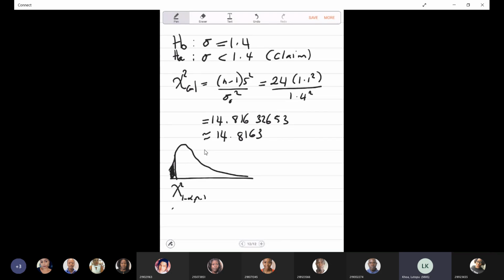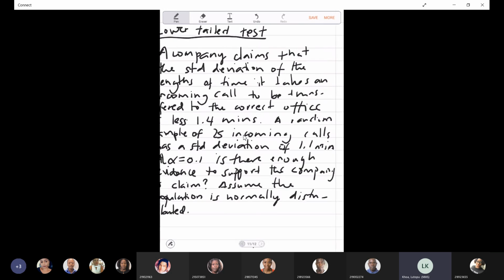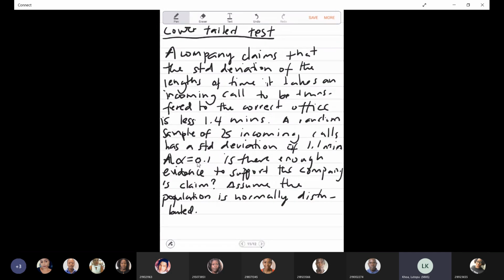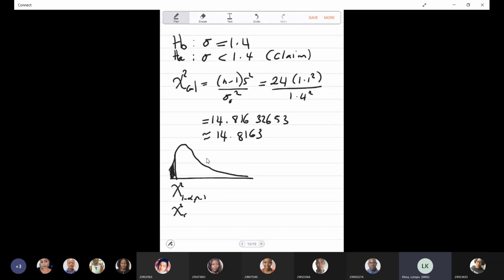So this is just chi-squared with 1 minus alpha. Alpha, we are told in the question, is 0.1. So 1 minus alpha is 0.9. And the degrees of freedom is 24. When you read it from your table, you should get 15.65868.